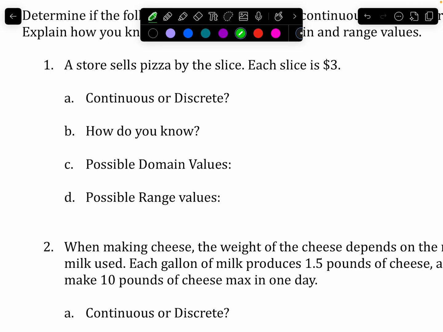So because you cannot contain any half values, we would say that this is discrete. Off to the side, you have no half slices. So instead of it being any possible value, we are stuck to only having whole number values, which is why this one is going to be considered discrete.